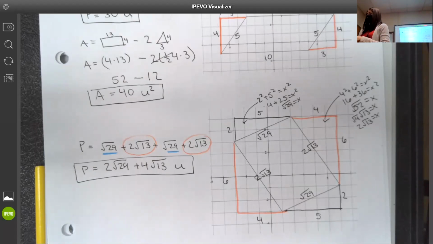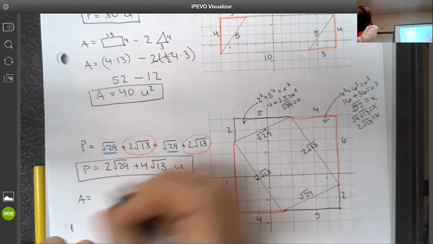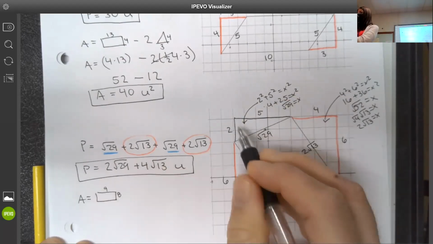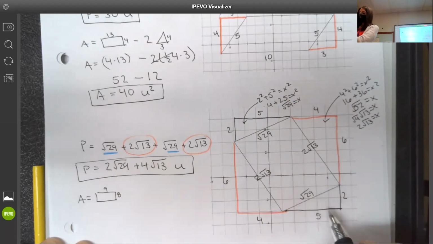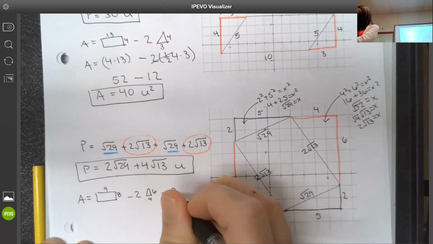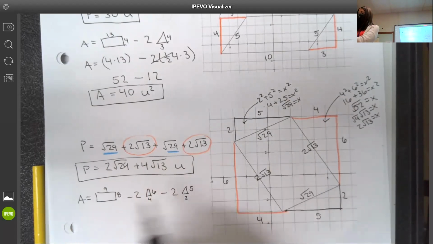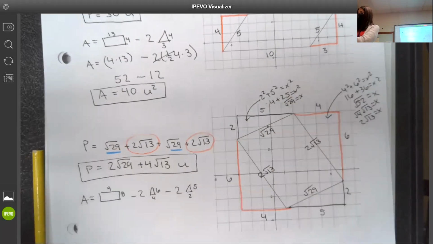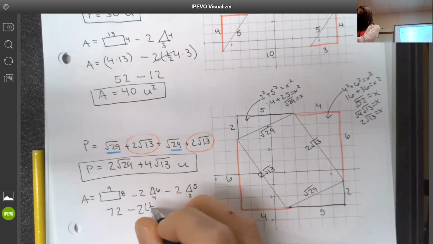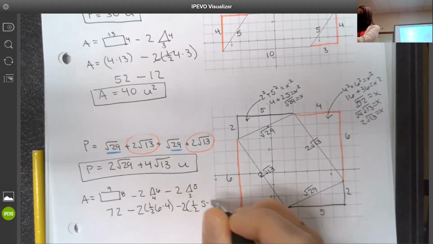Okay, separate. Then for my area, I have 9 by 8, the rectangle that I drew in, and I'm going to subtract 2 triangles that are 4 by 6 and 2 triangles that are 2 by 5. Okay, so I have 9, 8, so 72. Subtract 2 times 1/2, 6 times 4, minus 2 times 1/2, 5 times 2.